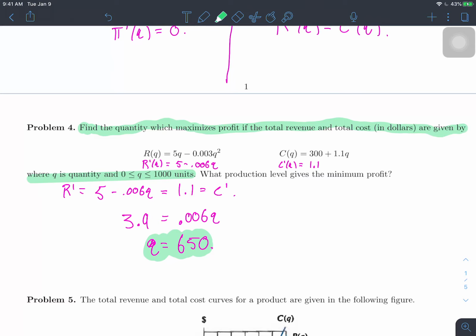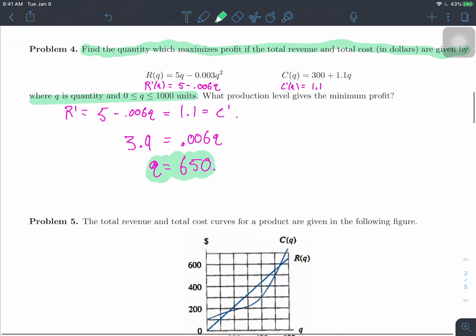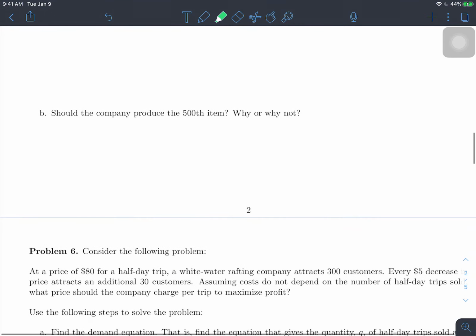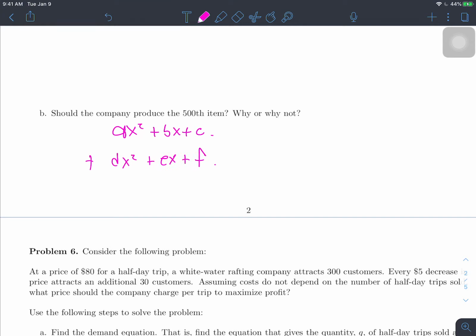Do you guys believe that's true? If you take two polynomials and you subtract them, you're going to get a polynomial? Why don't we spend some time talking about why that's true? If I have something like ax squared plus bx plus c, that's a polynomial. And I add to that dx squared plus ex plus f.